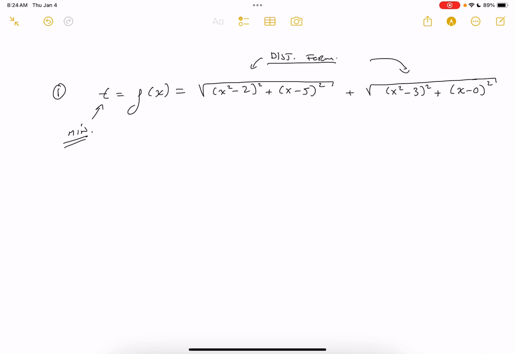And this also looks like a distance formula. Now looking at it, I want to point out that if this is a distance formula, there's going to be a point, all right? And I'm going to say the point's going to be xy. And looking at this one over here, I'm going to say x is x, but the y appears to be x squared.